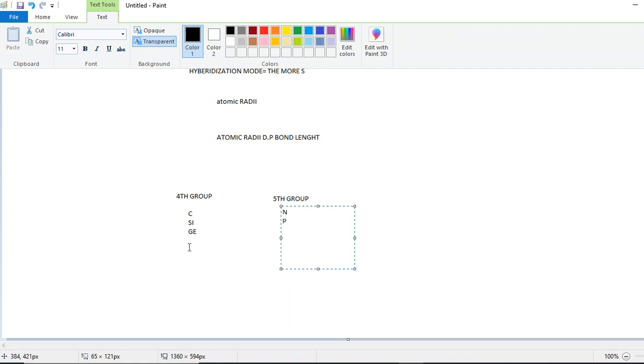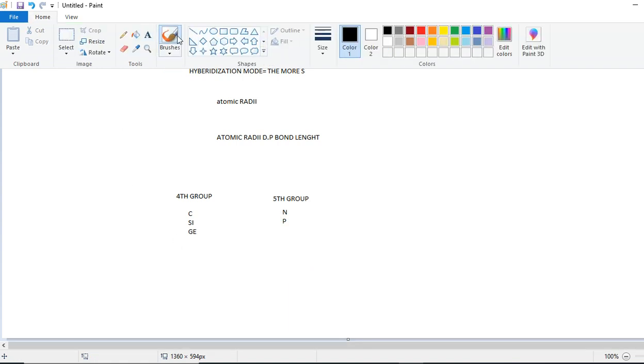Consider for a while that carbon has only one orbit, but silicon has 2 orbits. We know that the atomic radii increases down the group. So as the atomic radii increases, which means the size of the atom increases, the more will be the bond length, right? And so for nitrogen as well. Nitrogen bond length is less than phosphorus, right?